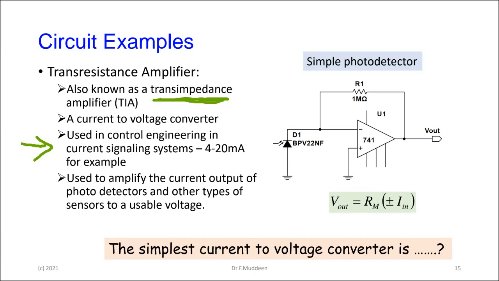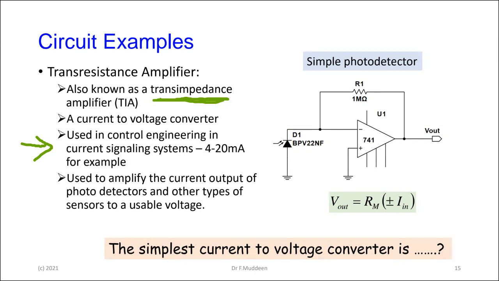And then, of course, there are some very simple applications where you can create transresistance behaviors. For instance, there are certain devices whose output is inherently current, like a photodiode. When the photodiode is on, it conducts a certain amount of current depending on the level of the light impacting on the photodiode itself.